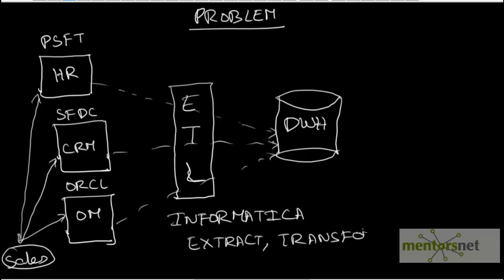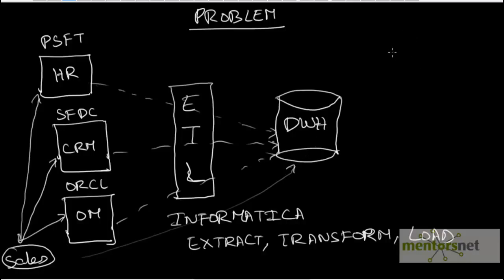Transforming is applying some transformations to convert it into a different data model, or it could be aggregation, cleansing or standardization, and removing unwanted data. And finally, loading the data into the Data Warehouse.